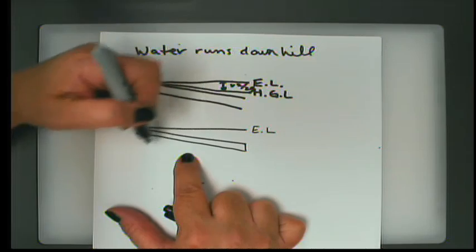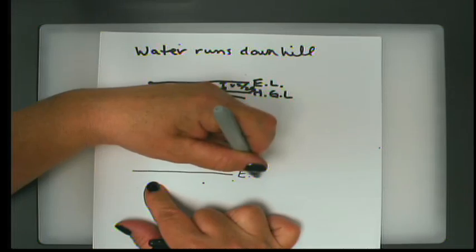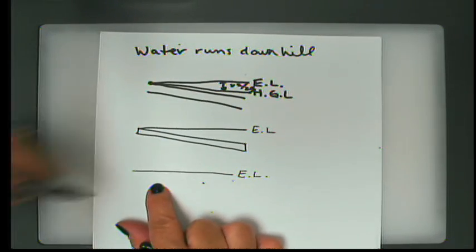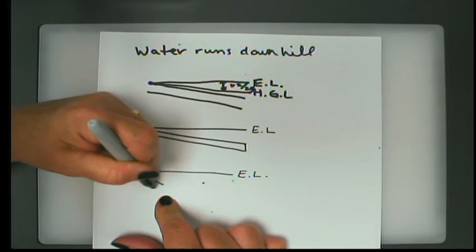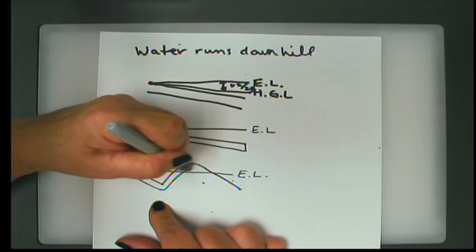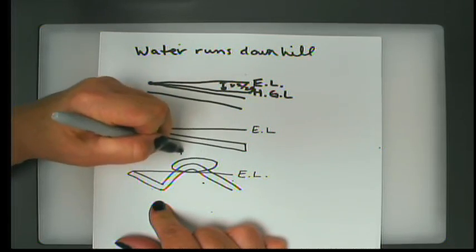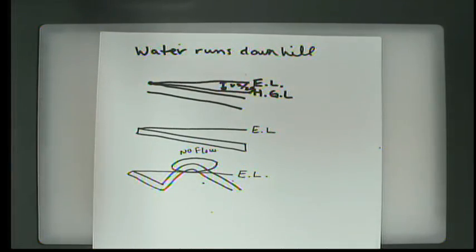Well, what happens if instead, let's just say the energy line looks like this, we still have no friction, lucky for us, right? What's going to happen if your pipe raises in elevation above the energy line? Well, the answer is that you will not flow water. The water will actually run backward at that point. And it's actually a little bit worse than this diagram suggests because you do have friction.